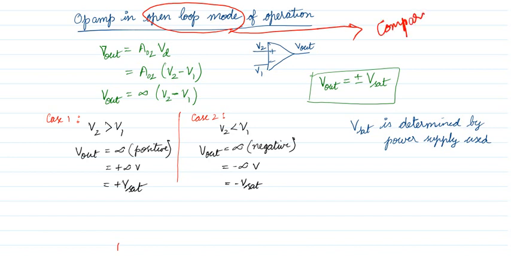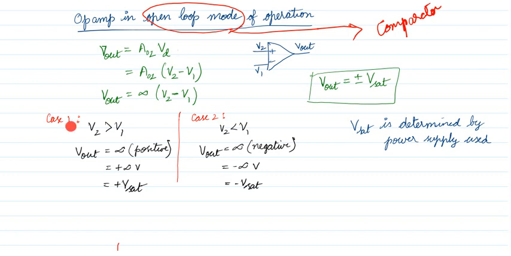As the name suggests, a comparator is used to compare two input signals. As I said earlier, V out is equal to AOL into VD, where VD is V2 minus V1. V2 is the voltage at the plus terminal, V1 is the voltage at the minus terminal. We will look at three cases.